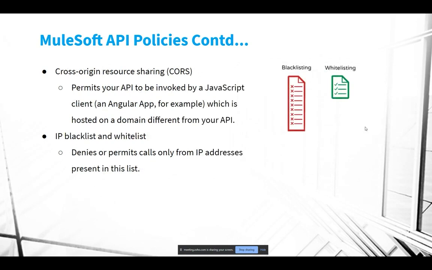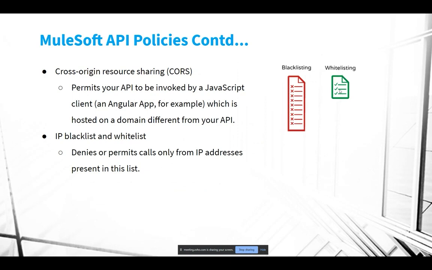Now we will move to other policies, whitelisting and blacklisting. Whitelisting and blacklisting allow or deny requests based on the IP addresses. I hope the name is very clear. Blacklisting is red, meaning it is an error: you can't access this API from these IP addresses.